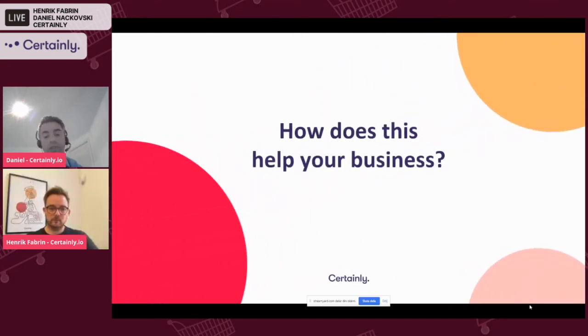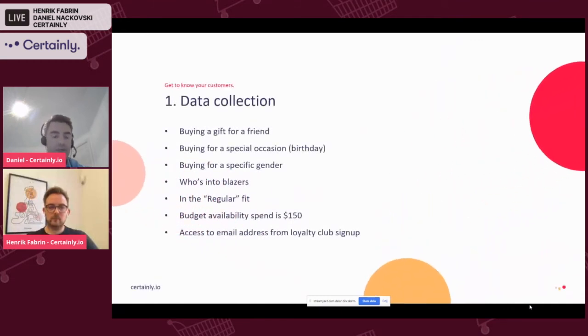Okay, so what did we actually see here? If we try to summarize this, when it comes to data collection, understanding the intent, suddenly we know a lot of things about this particular buying journey. So I'm not buying for myself, I'm buying for somebody else. We understand it's a particular occasion. We know about the gender, and then suddenly we also know about the preferences when it comes to apparel and styling and sizing and these things.